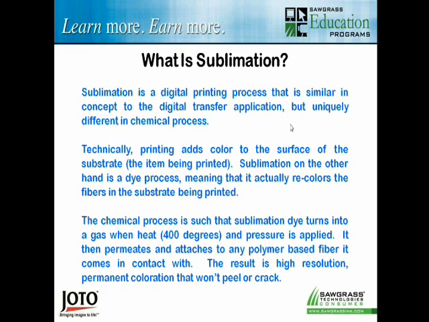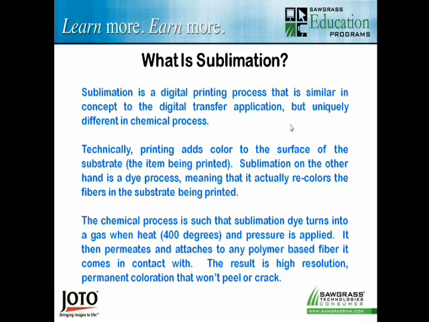Sublimation is actually a dye process rather than a true printing process, so we call it printing all the time. With dyeing, we're actually recoloring the fibers of the item that we're decorating, which leads to a very, very permanent type of application that doesn't peel or crack or fade in the case of apparel when we wash it over and over again.